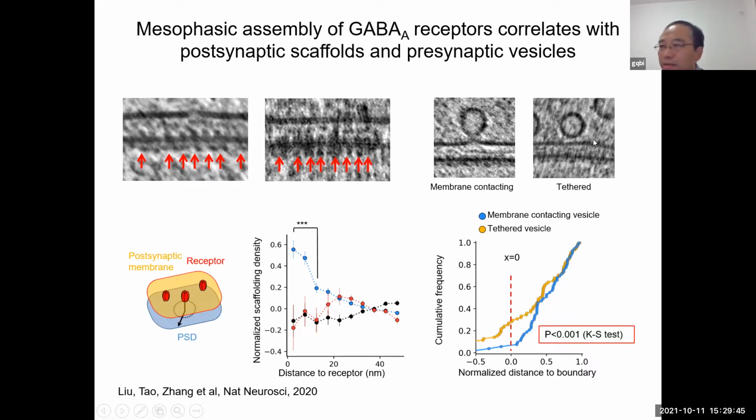We found that the tethered vesicles seem to be distributed more uniformly within and outside the boundary, but the contacting vesicles seem to be located primarily within the boundary. That indicates that if these are vesicles ready to fuse, they seem to be able to dump their transmitters towards this condensate of receptors. So that gives some functional relevance of this organization.